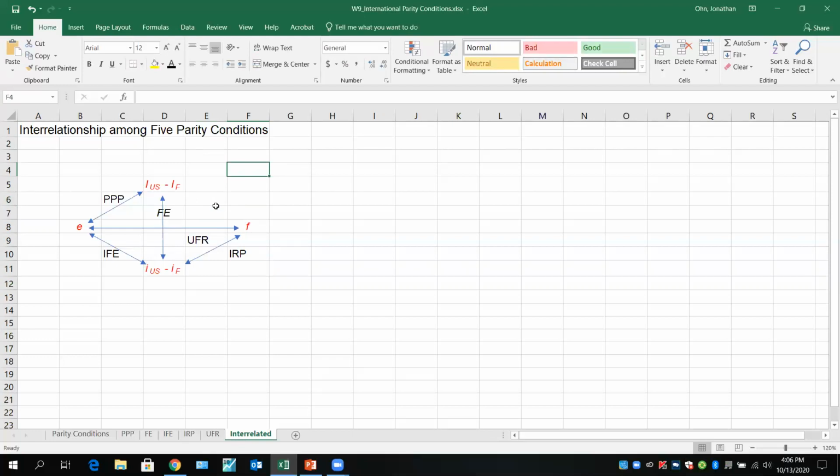If you have a system, a network in equilibrium, and 5 relationships are in equilibrium, the remaining one is automatic and implied. You don't have to do that.